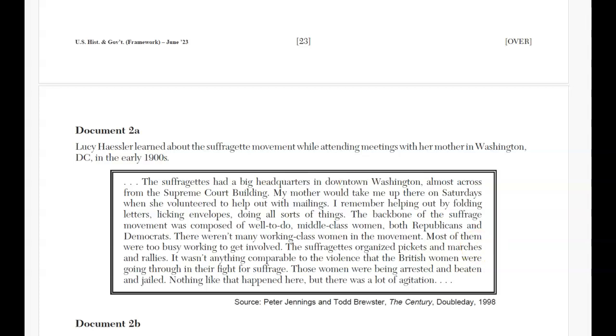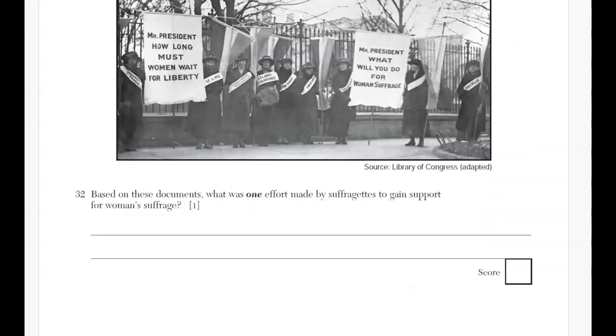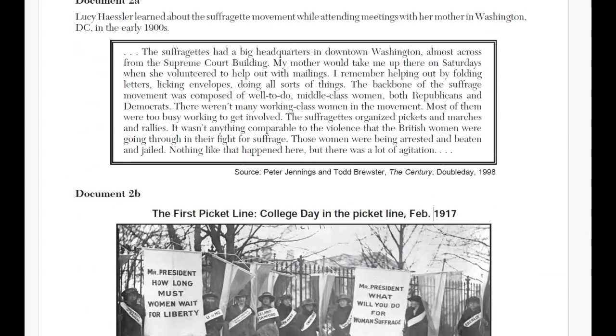That's not really an answer to the question. You could just say, they picketed. They held up signs. It's not a great answer, but it's sufficient to get the point. You could talk about they organized pickets and marches and rallies. They sent out mailings. Any of that would be considered an answer to that question.